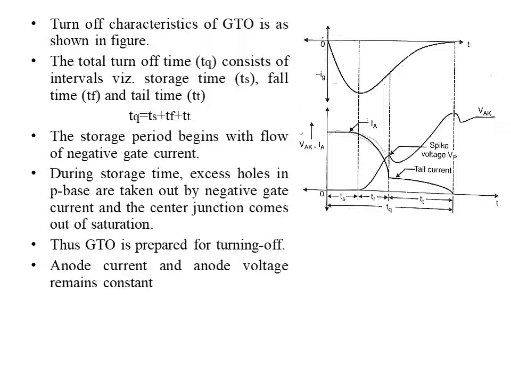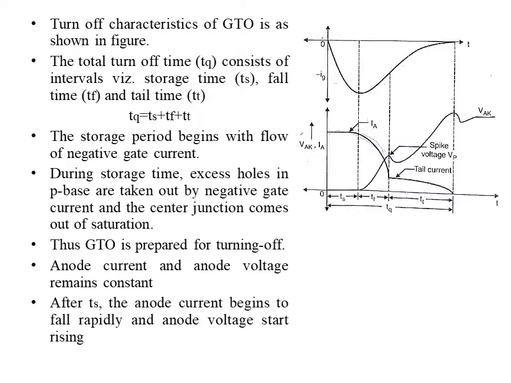Anode current and anode voltage in storage time remain constant. But as soon as the storage time is ended, that is after TS, the anode current begins to fall rapidly and anode voltage starts to increase rapidly.